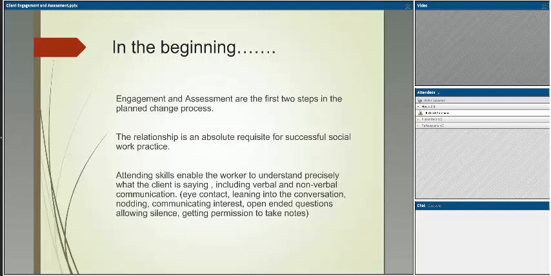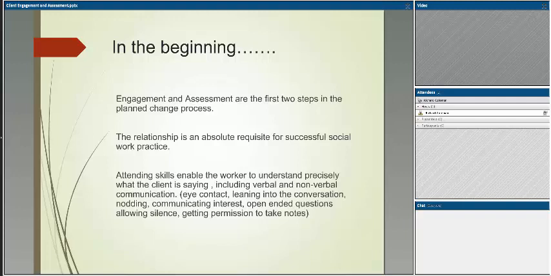You have to know that one of the hallmarks of social work practice is that relationships are absolutely essential. I always say, personally, that you will have a relationship with your client, and you have a lot of power and determination about whether it's going to be a good relationship or a bad relationship, but you'll have one nevertheless.